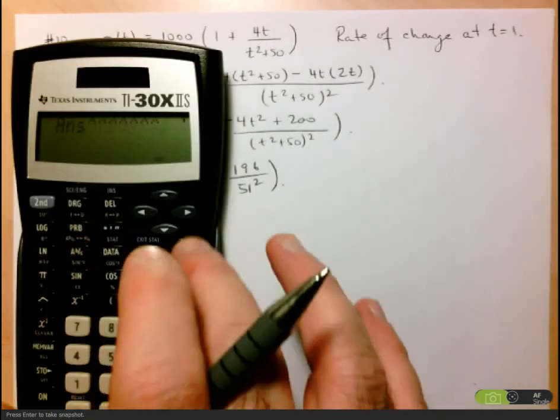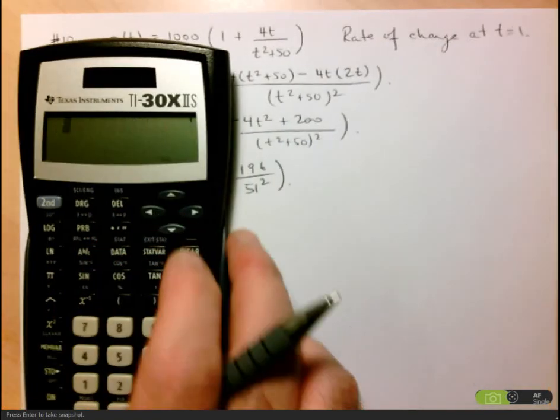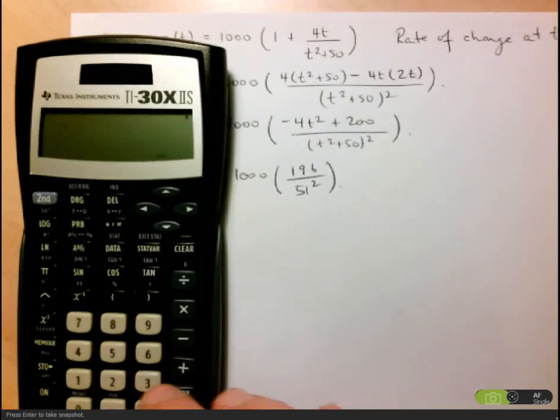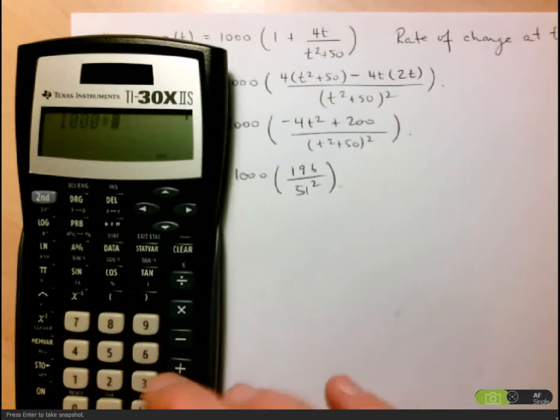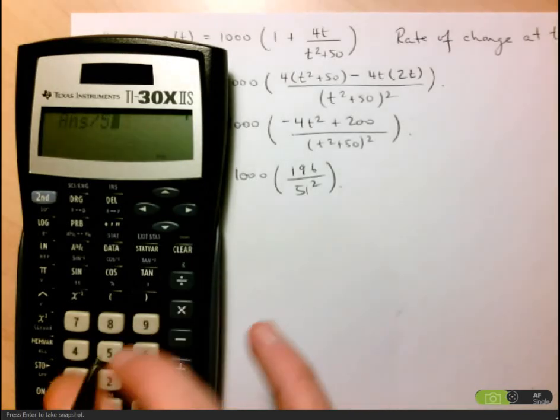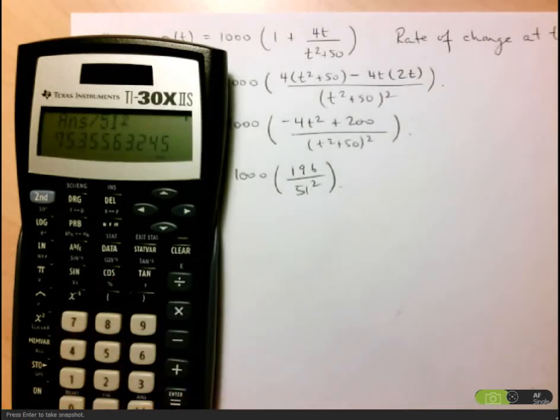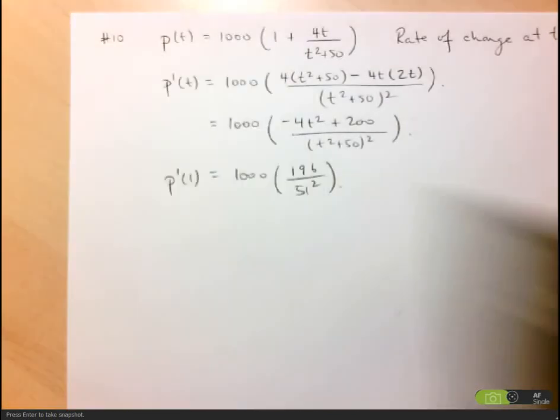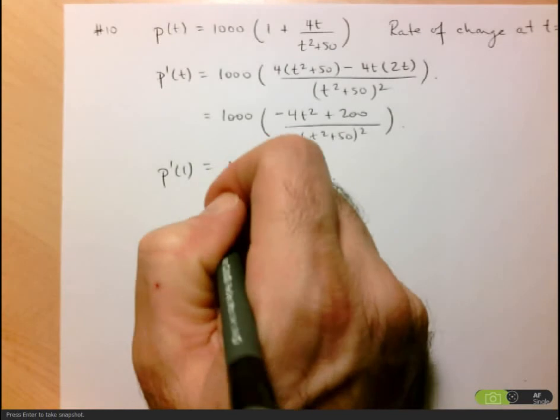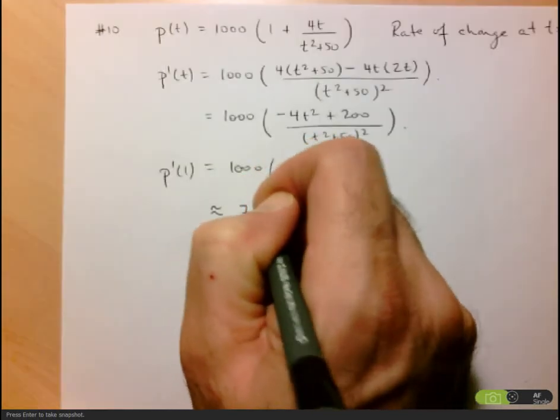So what do we have? We have 1,000 times 196, and then divided by 51 squared, and we've got about 75.4. So this is approximately equal to 75.4.